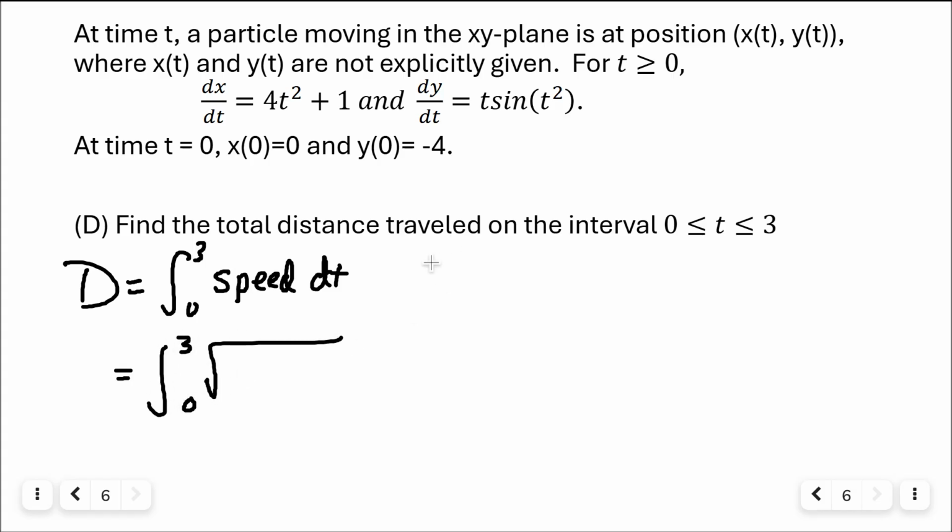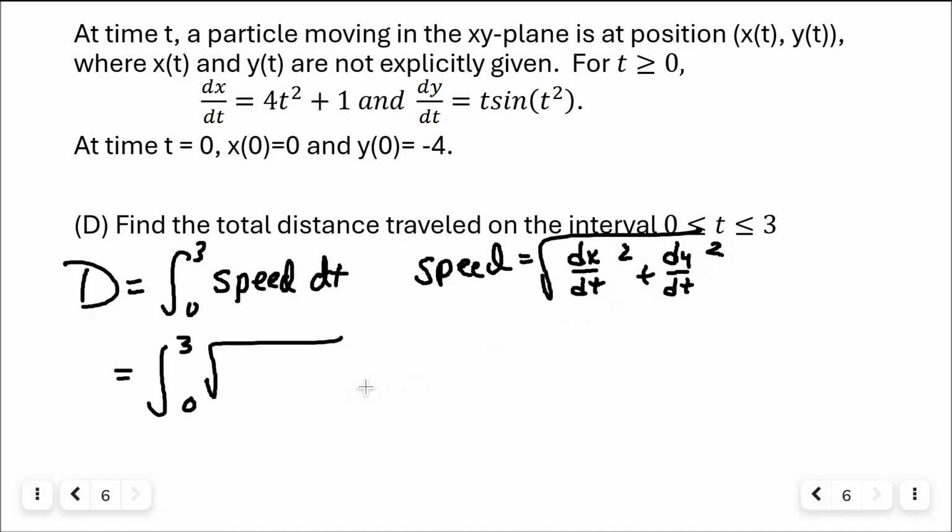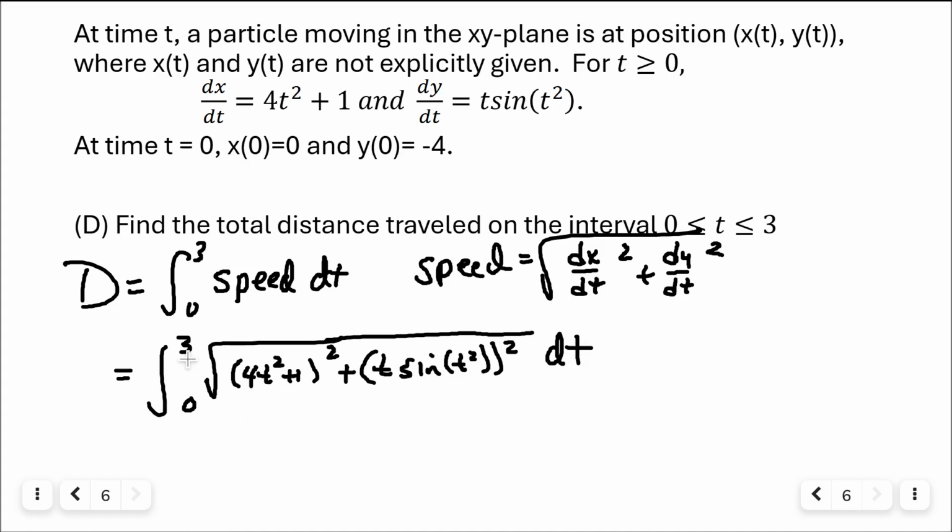So remember your speed formula is the square root of dx dt squared plus dy dt squared. dx dt is 4t squared plus 1, so we have the square root of (4t squared plus 1) squared plus dy dt, which is t sine t squared, squared, with respect to t from 0 to 3.